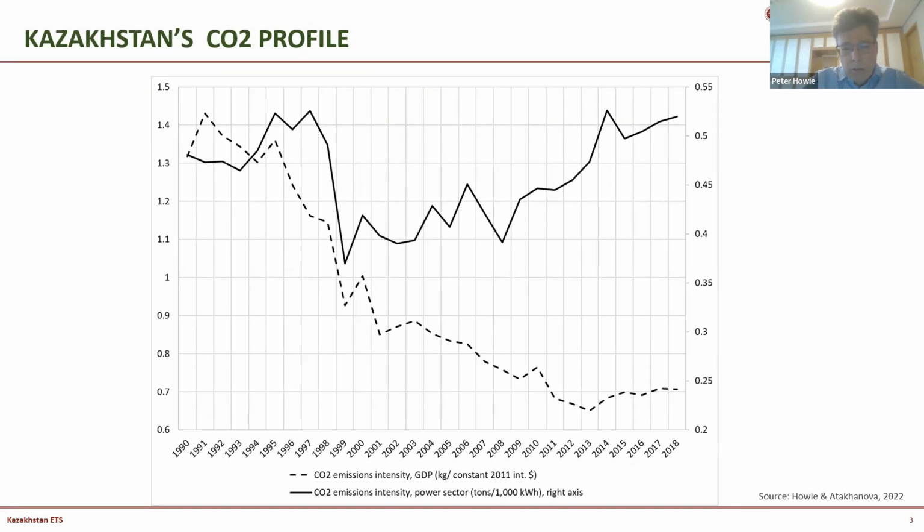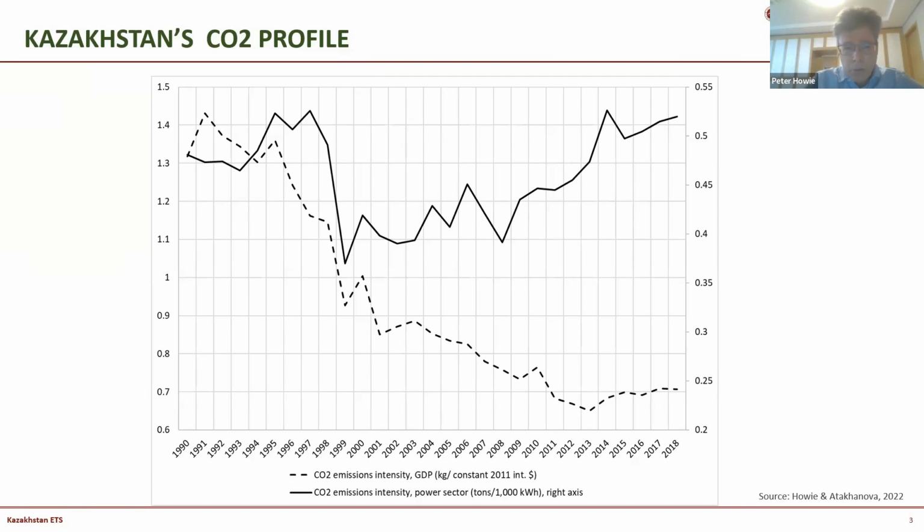To put this into context, Kazakhstan's emissions trading system started in 2013. If policymakers were looking backwards, they would say, wow, our economy is getting much less carbon intensive over time, and we can take advantage of this trend. But after 2014, the intensity starts to grow again.